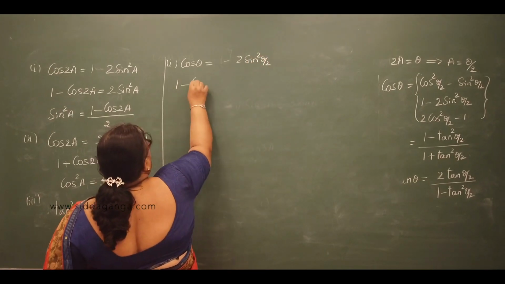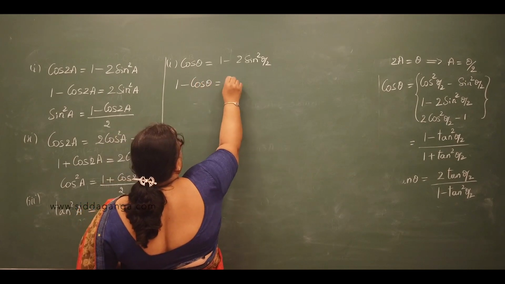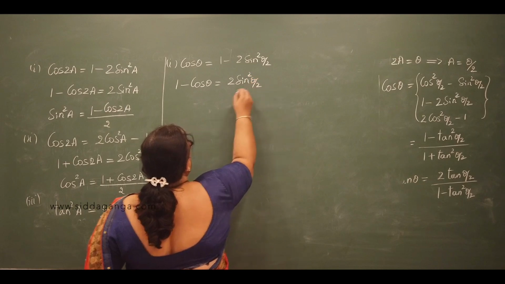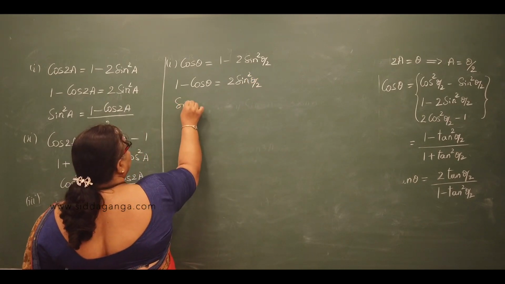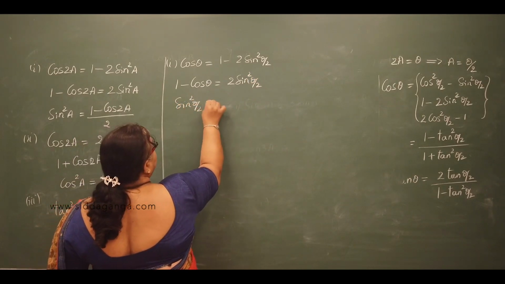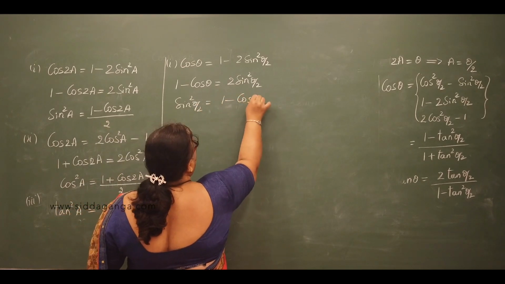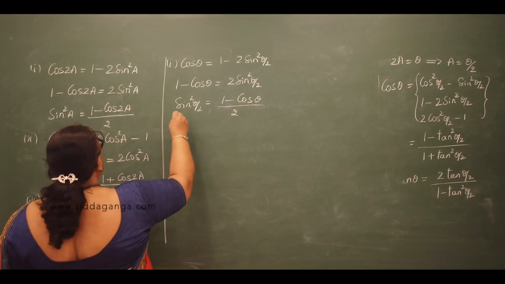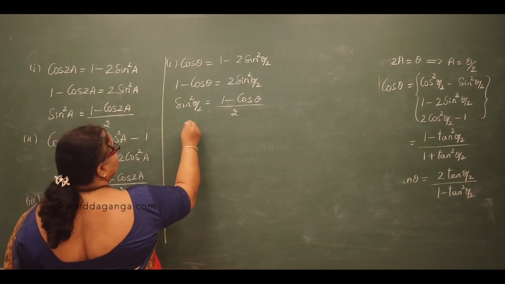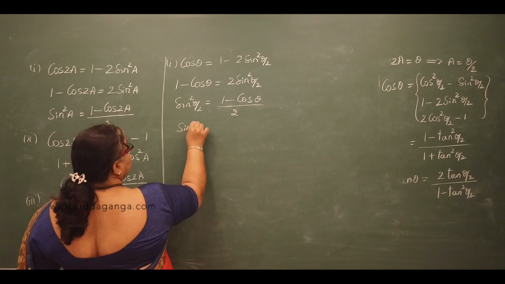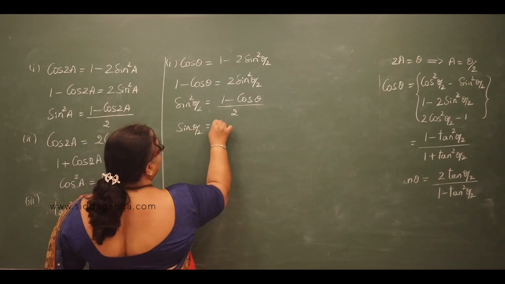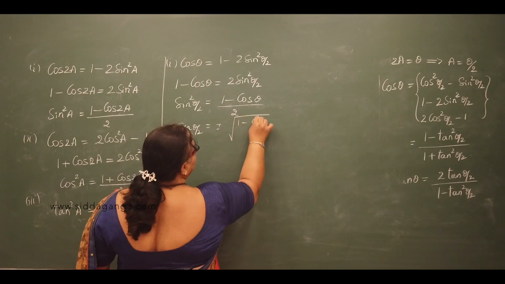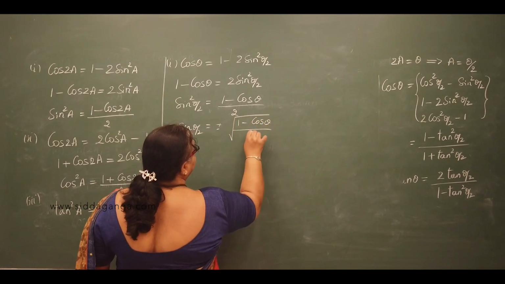Therefore, 1 minus cos theta is equal to 2 sin square theta by 2, or sin square theta by 2 is equal to 1 minus cos theta divided by 2. So sin theta by 2 is equal to plus or minus root of 1 minus cos theta divided by 2.